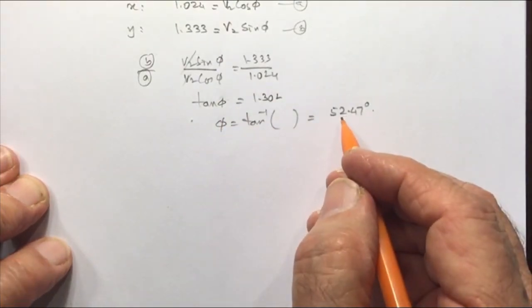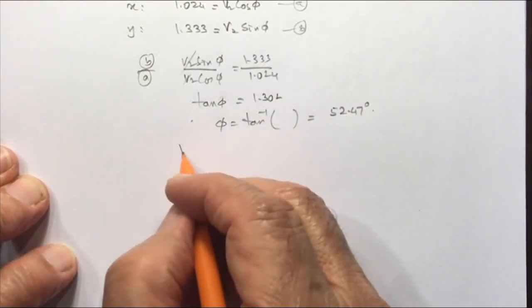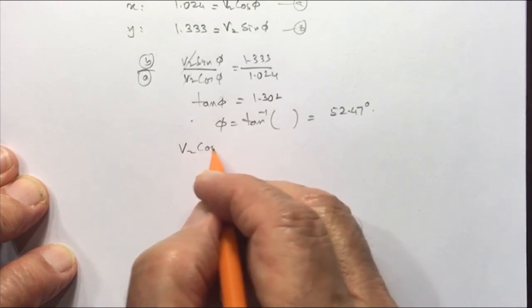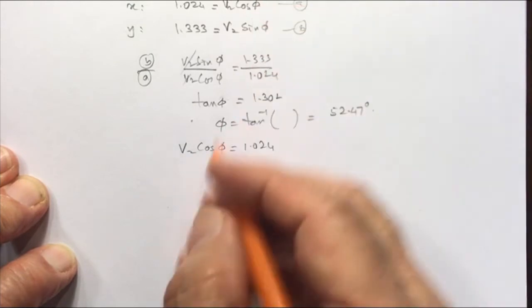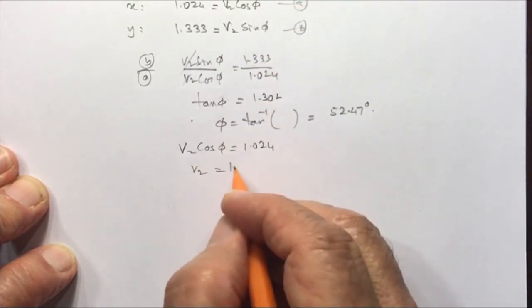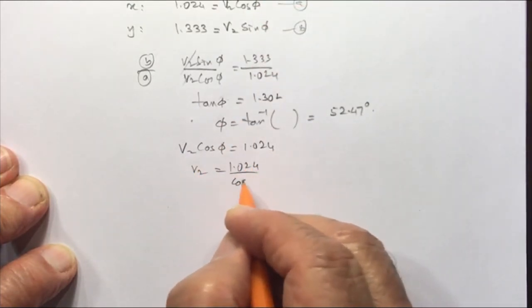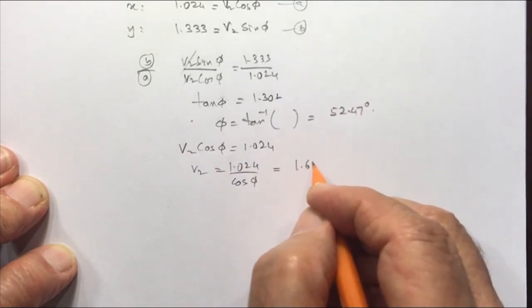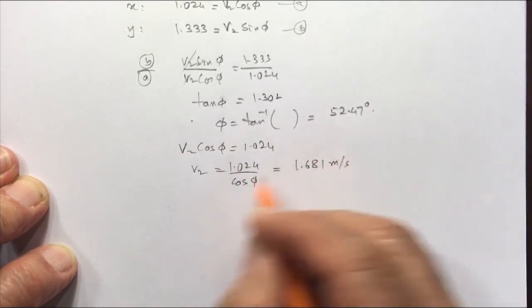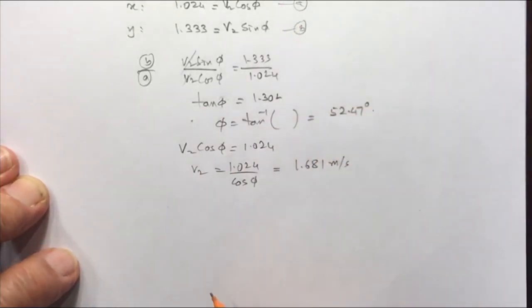So when phi becomes 52 degrees, we can plug that in here. v2 cosine phi was 1.024, so v2 becomes 1.024 over cosine of phi. Plug that in, and v2 comes to 1.681. Or we can use the other equation, and we should still get the same number.